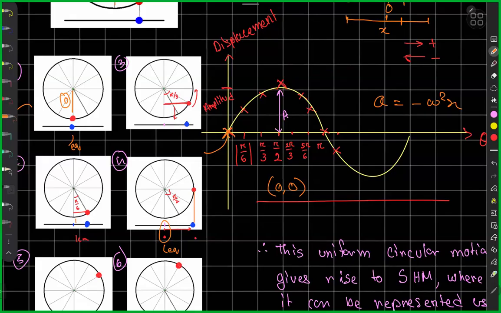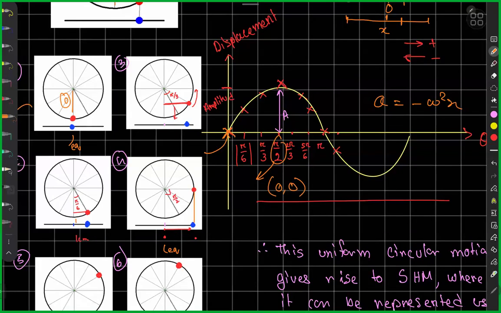So at pi by 2 radians, what do we have? The maximum displacement. Why? Look at the demonstration. When the bob covers a theta of pi by 2, the shadow made is of maximum displacement away from the equilibrium.